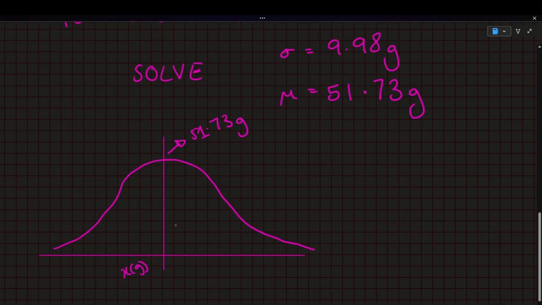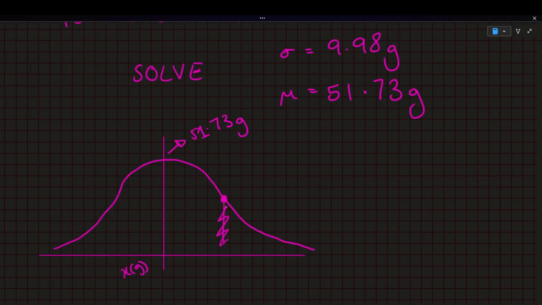And our standard deviation is 9.98 grams, so over here at our point of inflection, it will just be 51.73 plus 9.98, and that will contain, if you take both of them into consideration, 68% of the data.